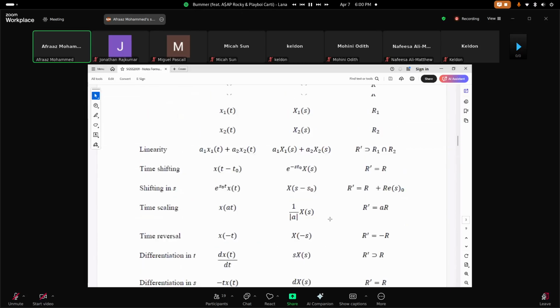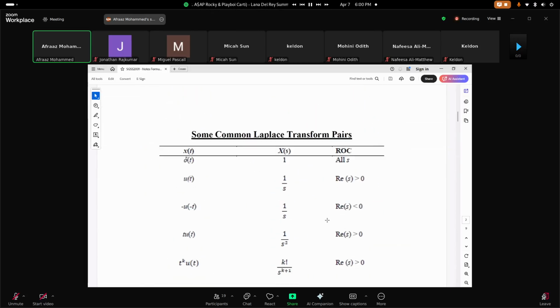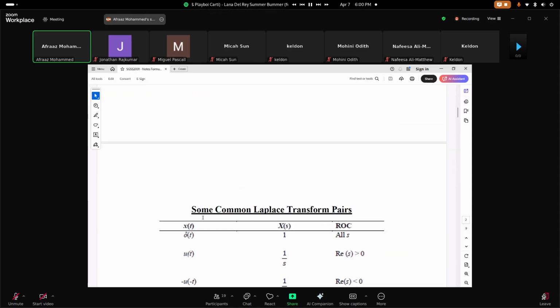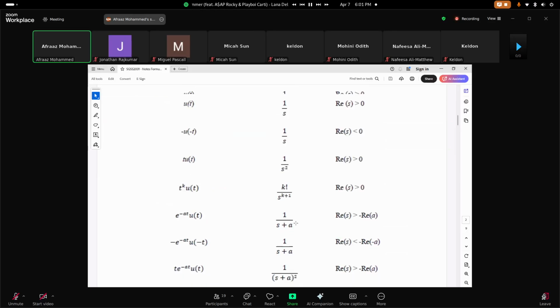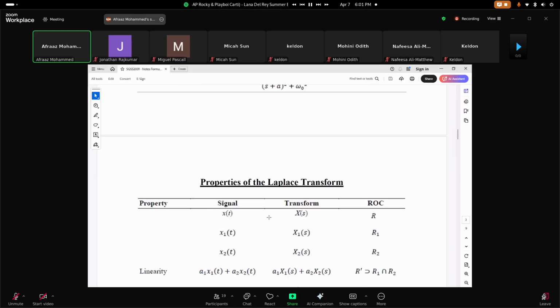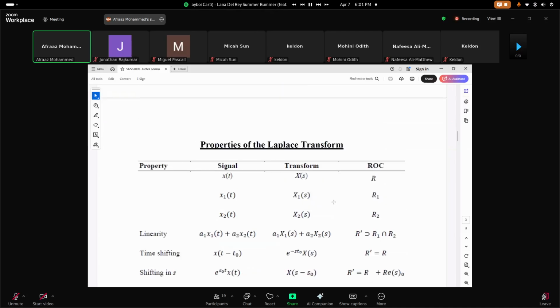You have two different tables for Laplace: the common Laplace transform pairs, but in this case we will be looking at the properties of the Laplace transform. At the very top, x of t in the time domain gives you capital X of s.